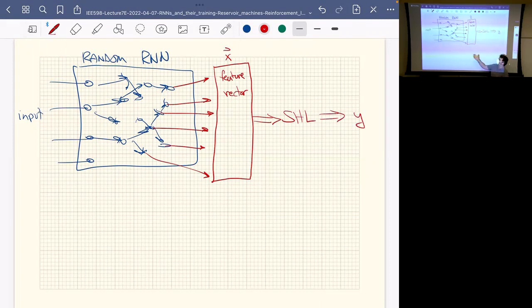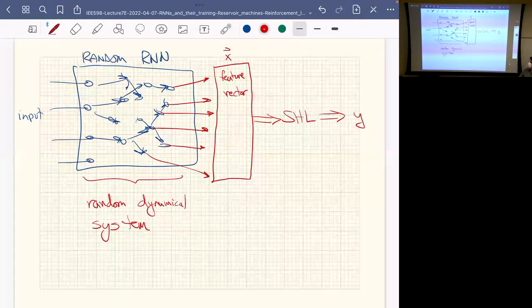So random recurrent neural networks are basically a random dynamical system. The potential beauty of this method is if these are truly random, then there shouldn't be any bias in how they stretch out your input signal, but they will stretch it out over time.